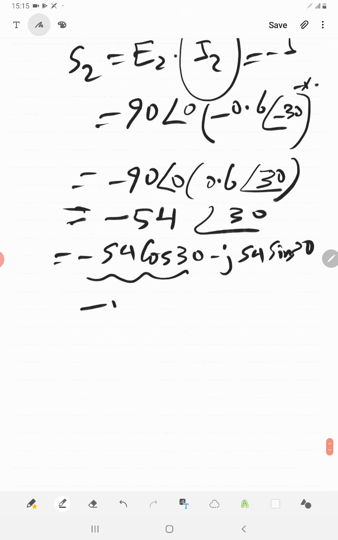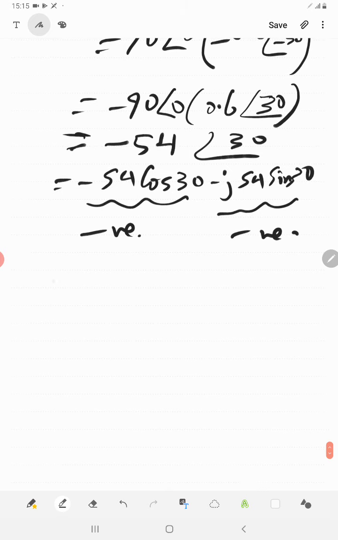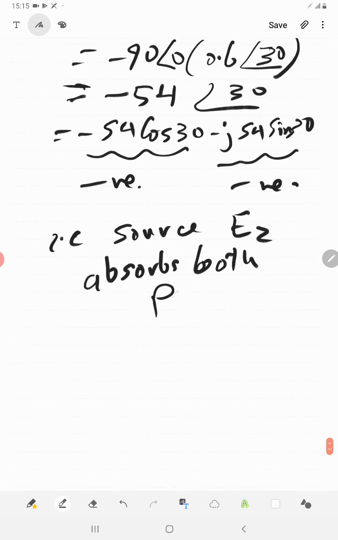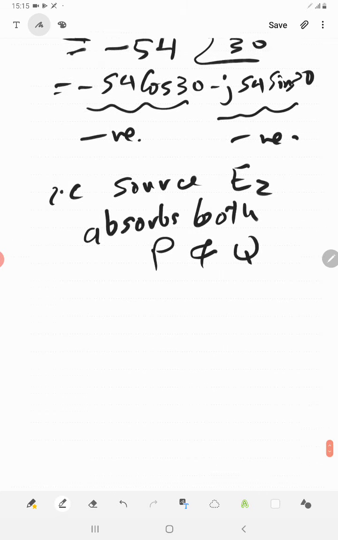So here is negative and here also negative, i.e. source E2 absorbs both P and Q. Okay? The difference is being absorbed in impedance Z2.